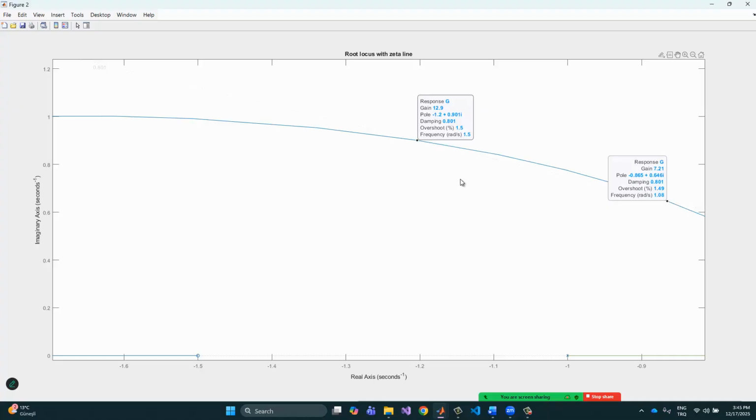To the overshoot values of these terms. Okay? Do you understand that? Right now, this gain can be selected based on this one.